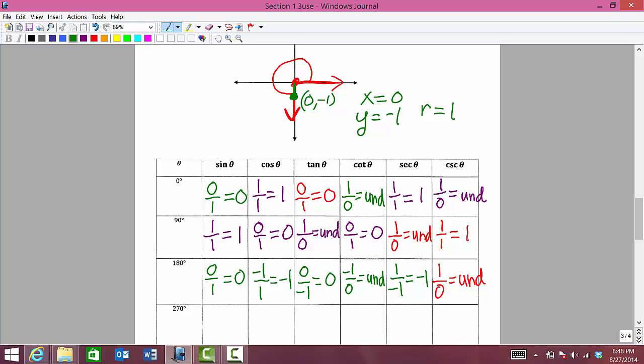So, 270 degrees, what are my 6 trig functions? Sine of theta, sine is y divided by r. So we know all of these are y divided by r. Y divided by r is -1 divided by 1, which reduces to be -1. Cosine is x divided by r, 0 divided by 1 would be 0.